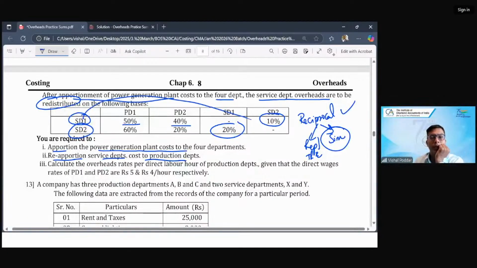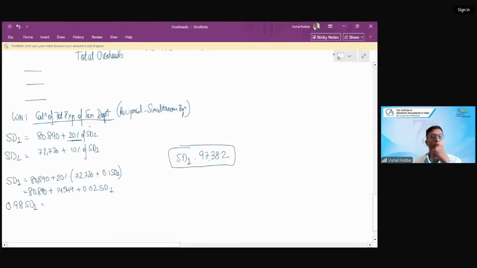SD1 is giving 10% to SD2, but we want how much SD2 is giving to SD1. SD2 is giving 20%. So it will be 20% of SD2, Harsh, not 10%. Kuldeep, how can it happen? How can you ignore? Which method is there in this sum, Kuldeep?